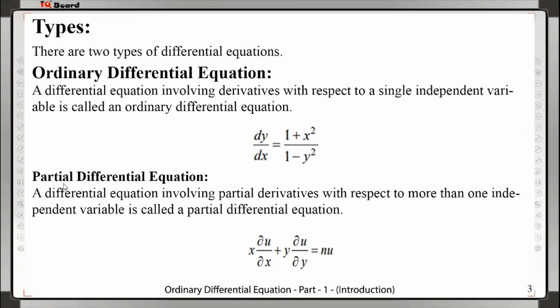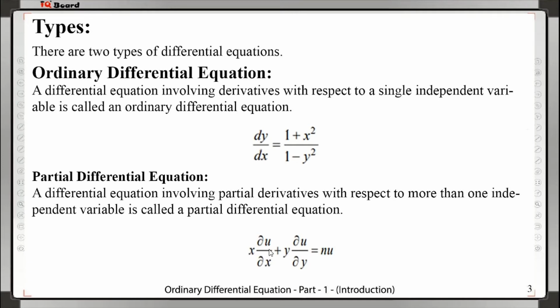Now move to partial differential equation. A differential equation which has partial derivative with respect to more than one independent variable is called partial differential equation. For example, x del u by del x plus y del u by del y, that is equal to nu.